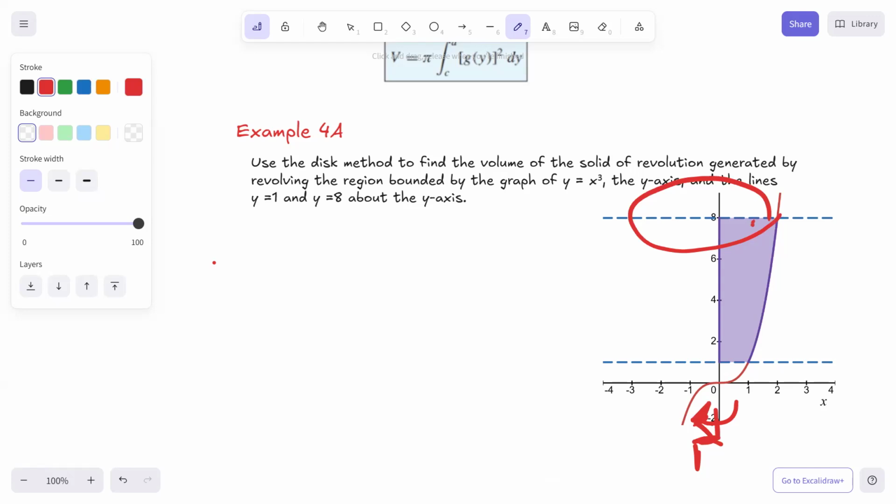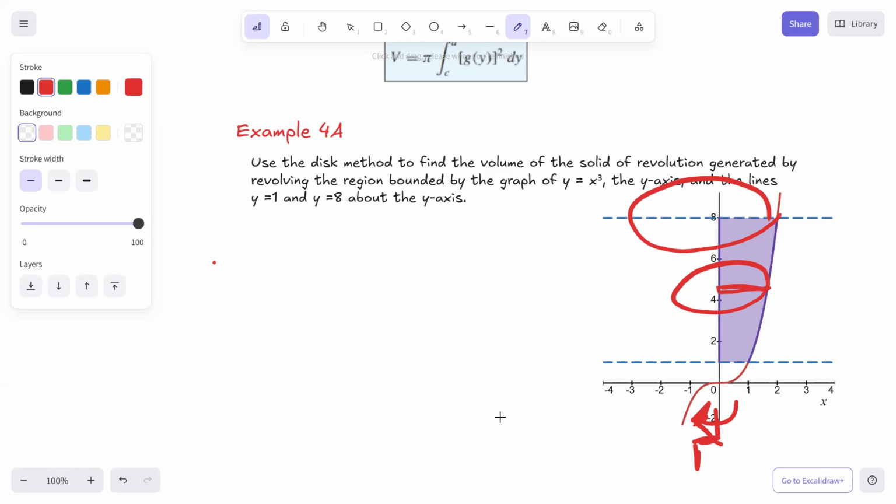Also, if you tried to make a vertical strip here, you'd run into some issues because the top and bottom of the vertical strip is going to be different as you move along. But if you do a horizontal strip, that's quite easily rotated because one boundary is the y-axis and the other boundary is the curve. Now here's the thing.